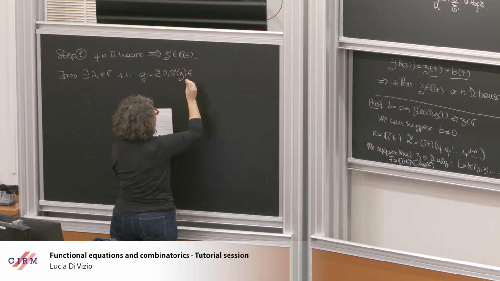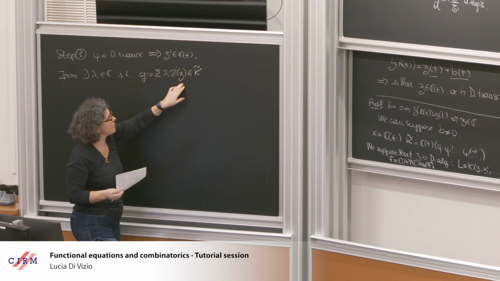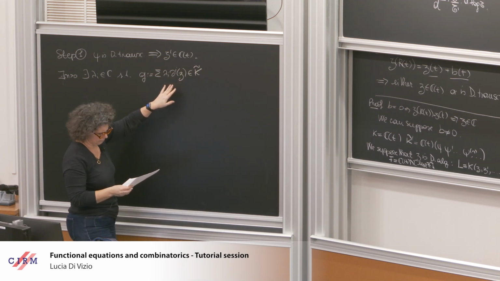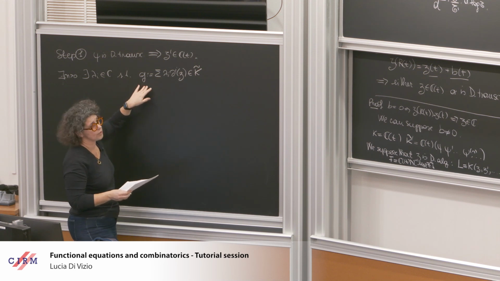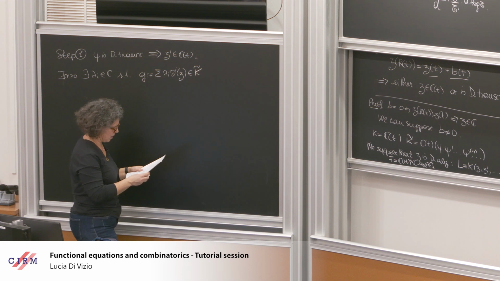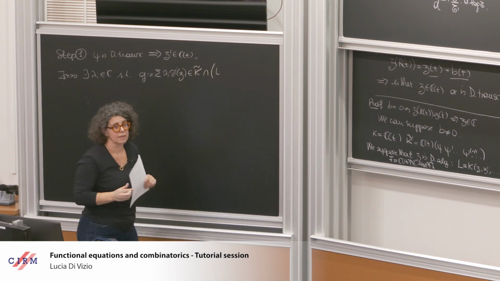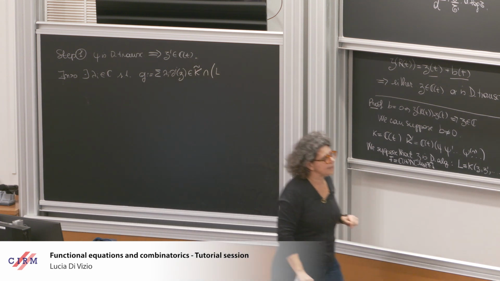belongs to K tilde on one side, just because we know that G, by the theorem up there, is in the base field on one side, but it belongs also to K tilde.